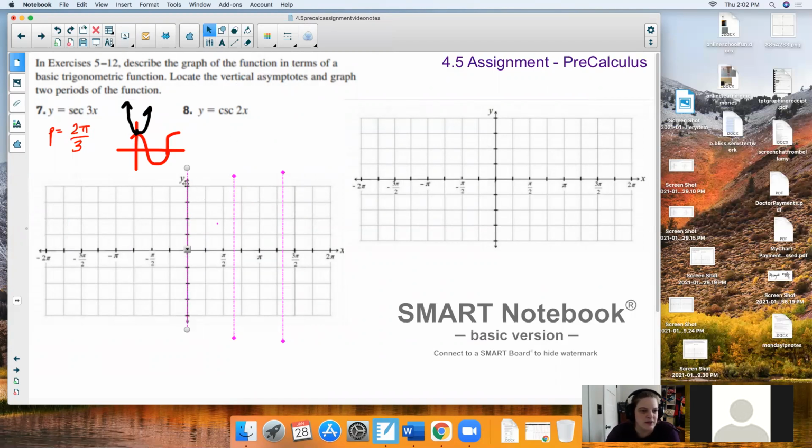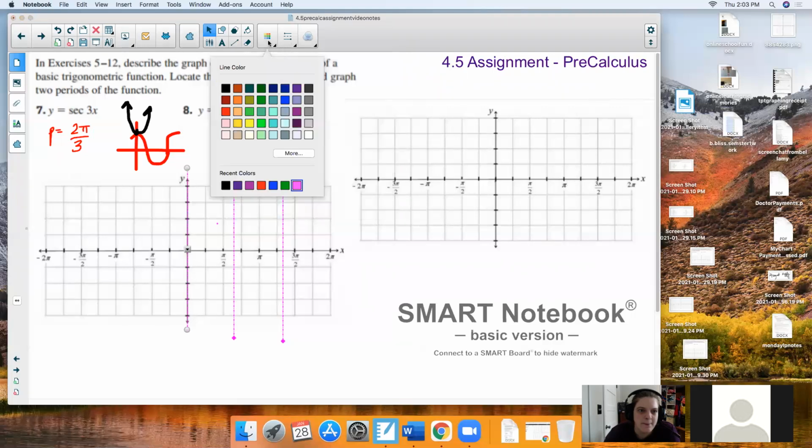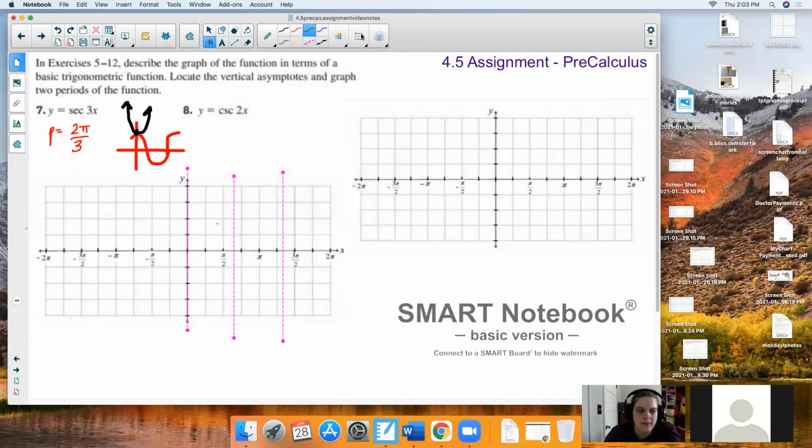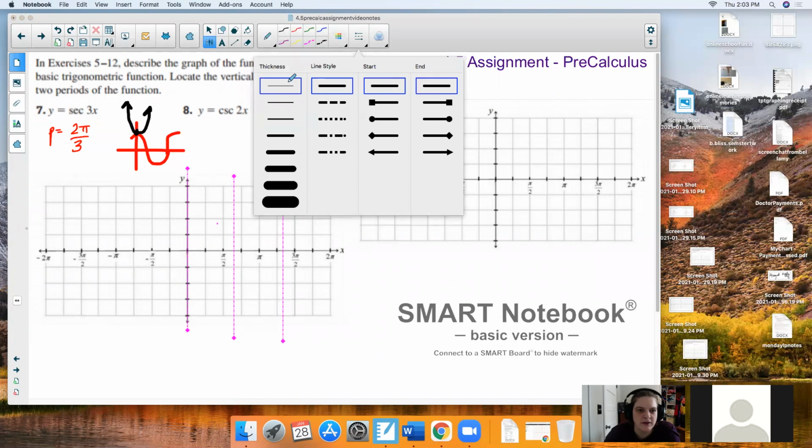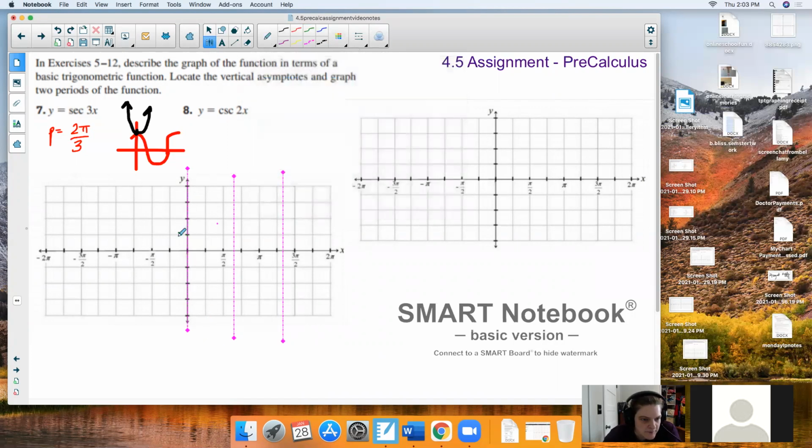All right, and so if we graph cosine with 3x, again, our period is 2 pi over 3. So where's 1? We'll just say this is 1. And we need to do an entire period by the time we get up to here. So we got to go down to the middle, and back up.